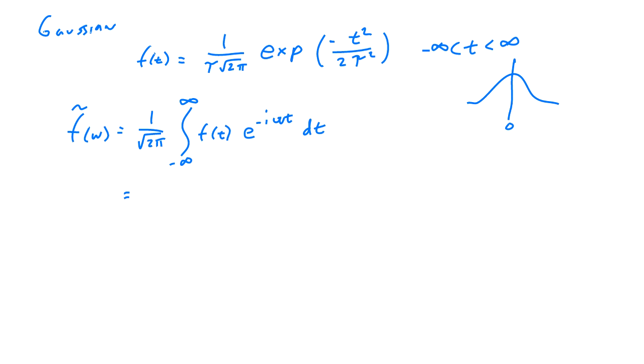And so we end up with 1 over 2 pi times this integral from minus infinity to infinity of 1 over tau times e to the minus t squared over 2 tau squared times e to the minus i omega t dt. And so all you really have to do is solve this integral and you're done. But unfortunately, this is just not a really simple integral to solve.